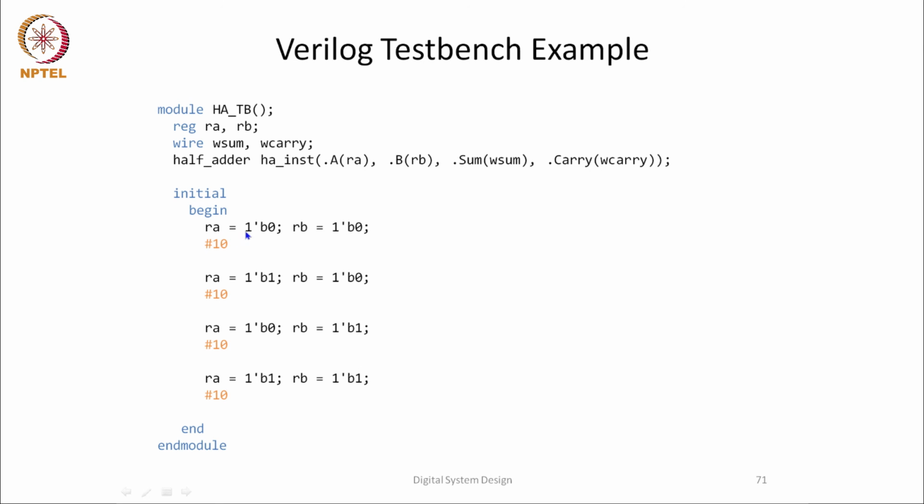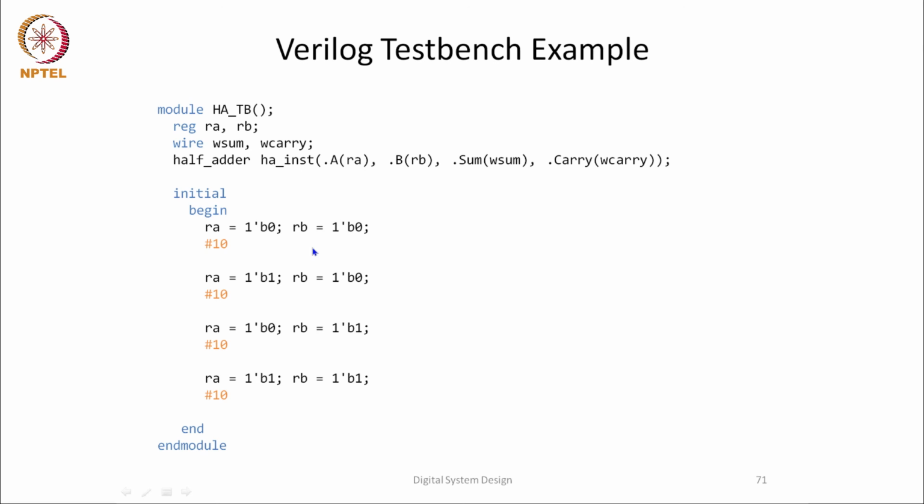Because RA is a single bit, I am writing 1, and 'b means that it is written in binary. This is the representation we use for any constant input, when assigning constant inputs to any variable like reg or wire. So you will see that we have assigned 0 to RA, 0 to RB.